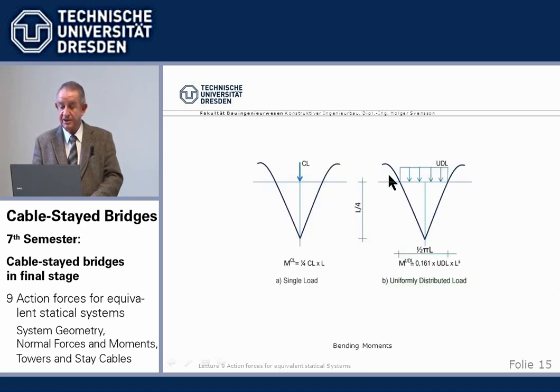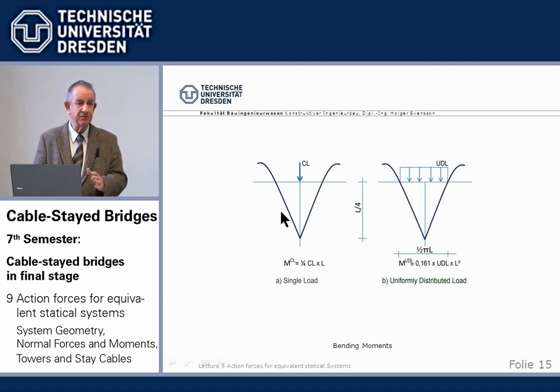And if we want a uniform load, the moment of a uniform load on the cable stayed bridge beam, then if we integrate out all these sines and cosines which are there, it's 0.161 times the UDL, uniform distributed load, times this L squared. That's all. With these two formulas, we can calculate all the beam moments of a cable stayed bridge.